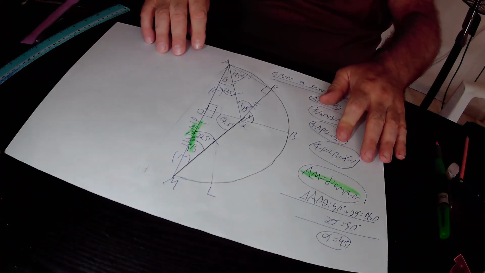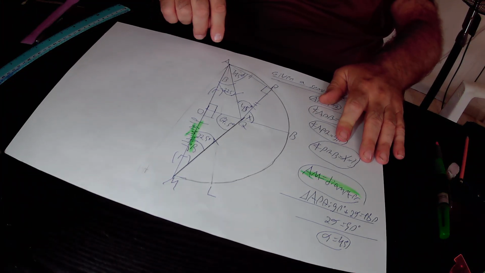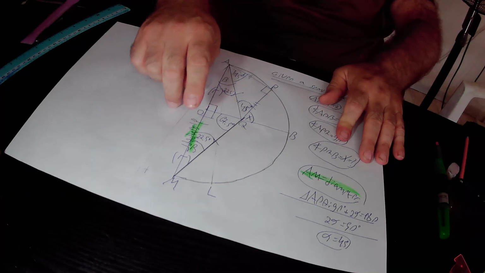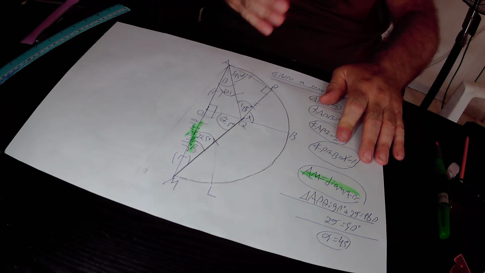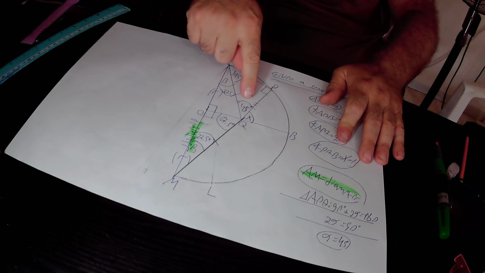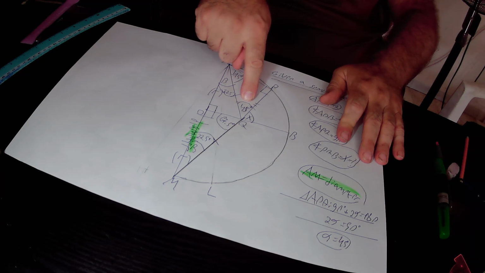If we focus on the big associated triangle AQM, those three angles are interior angles because they are located inside triangle AQM, while this is angle AQP, which is located outside triangle AQM and is therefore an exterior angle.